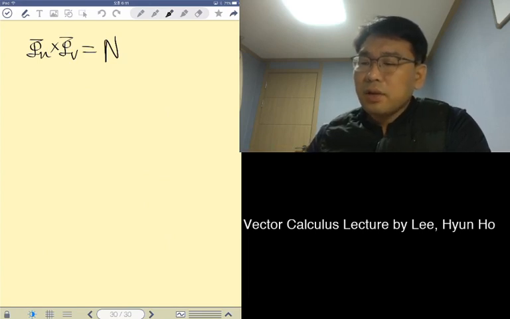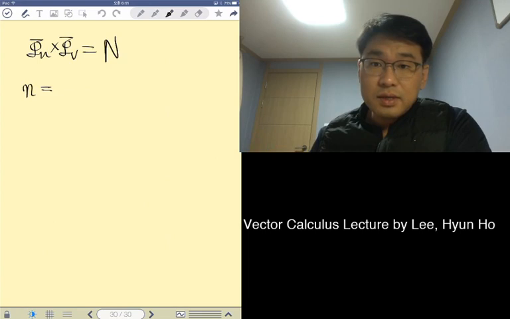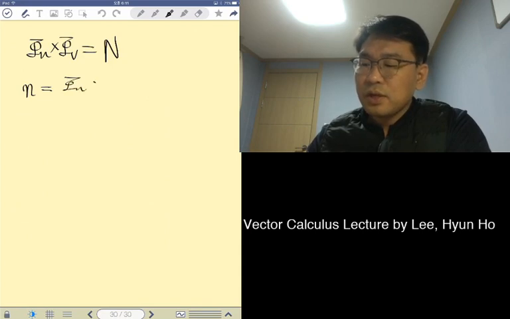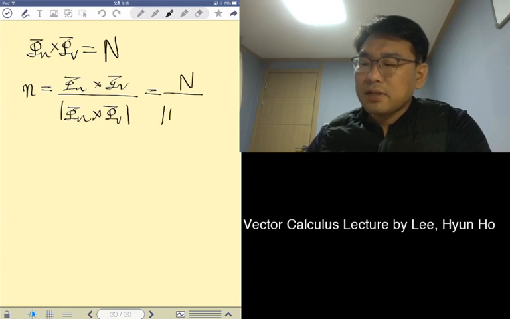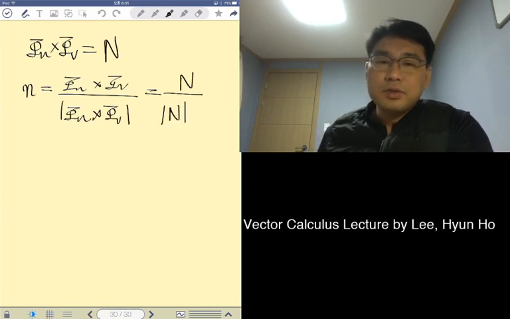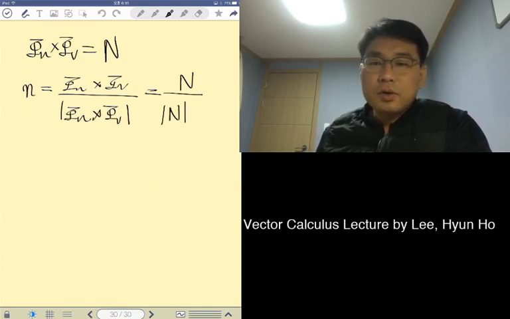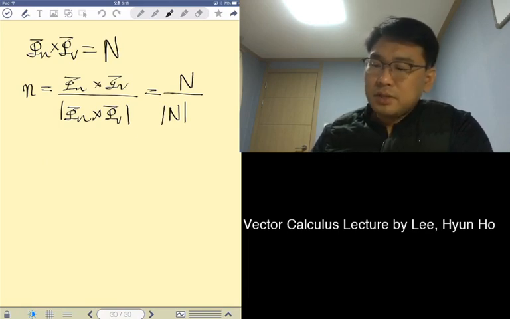And the small n is given by dividing by the size of the vector. So this is the unit vector, p_u times p_v divided by the size of that vector, or just N divided by the size of N. This is called the outward unit normal vector.